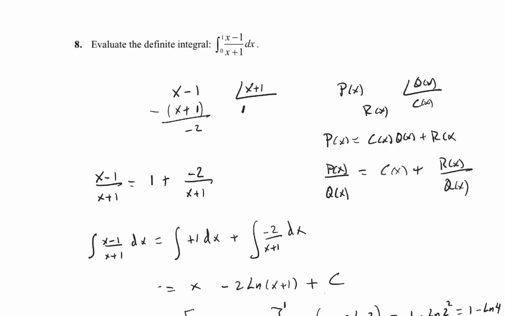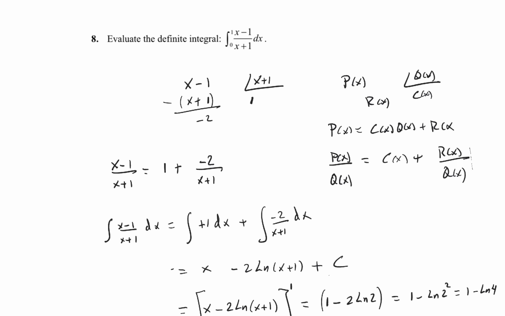So we divide, and the quotient of the division is c of x equal 1, plus r of x, which is minus 2, divided by q of x. Q of x is x plus 1. So now I can do the integral.